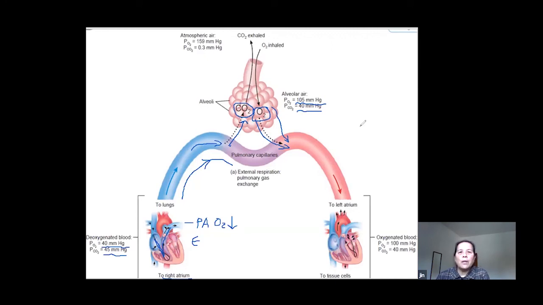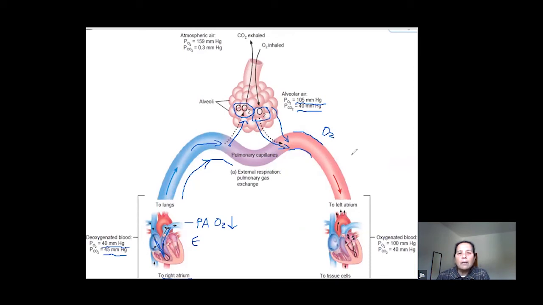Yes, simple diffusion makes the gas move from a high concentrated part to a low concentrated part. And now we have more oxygen in the blood circulation. So that's why we make the color right here, because it's oxygen-rich blood in here.